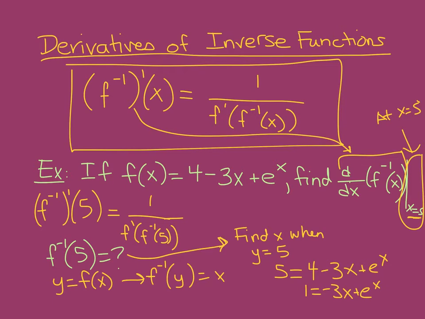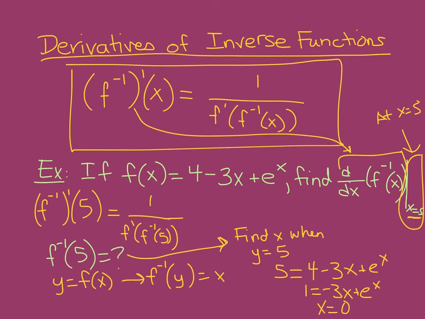The other thing you might notice is if you work backwards, you can figure out that when x equals 0, your y value is equal to 1. Because if I plug in 0 for x, the 3x term goes away, and e to the 0 is 1.